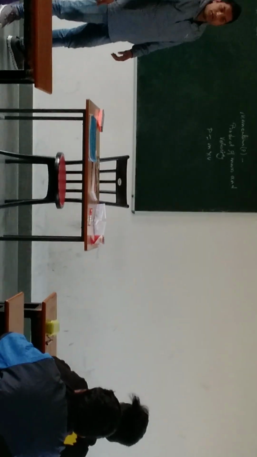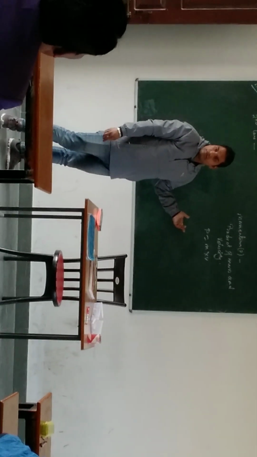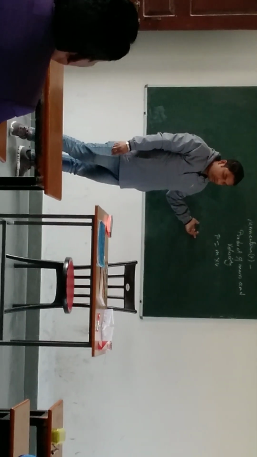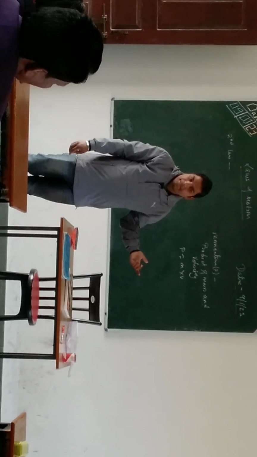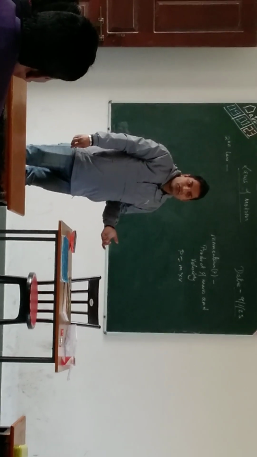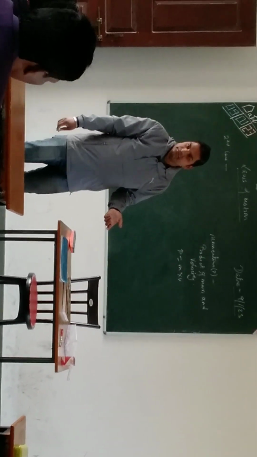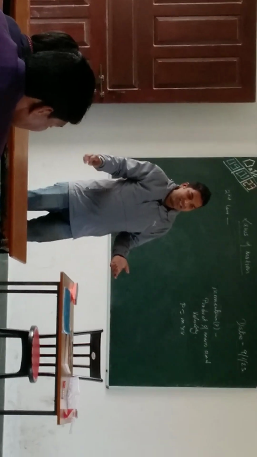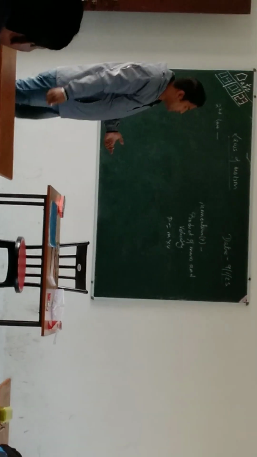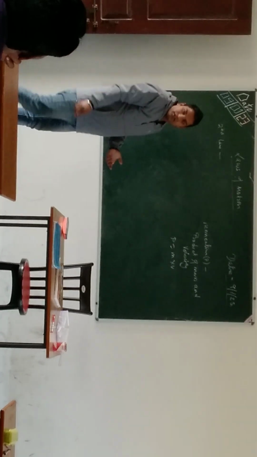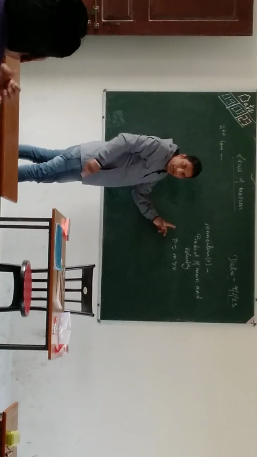Momentum is a vector quantity, right? What do you understand by the term vector quantity? What is a vector? Very good. This contains magnitude and direction. So this is a vector quantity.